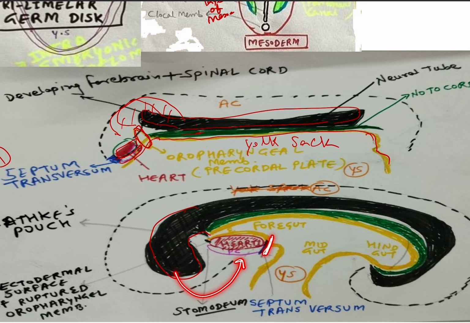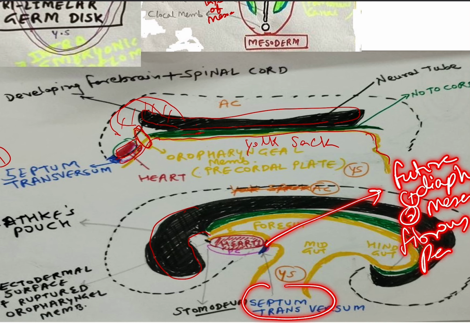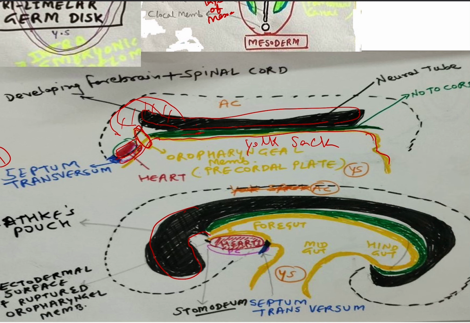The septum transversum goes caudal to the heart tube. This septum transversum will form the future diaphragm, mesentery, and fibrous pericardium. Fibrous pericardium is the covering of the heart. So I have explained three coverings of the heart.